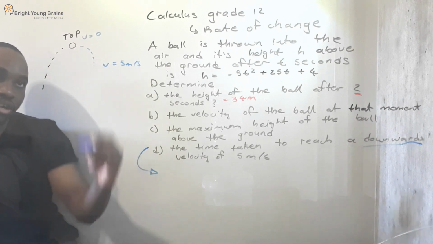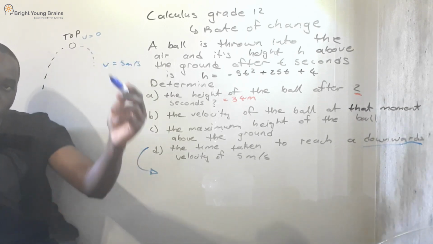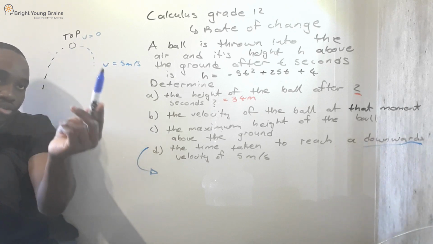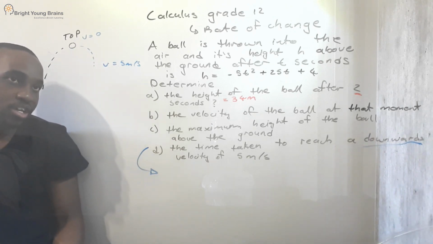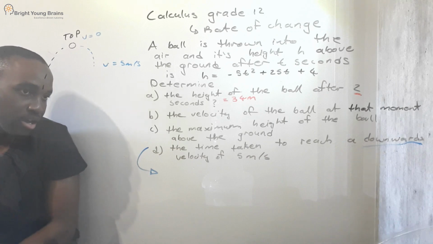They want us to work out the time that would have passed from being at the top to being at a position where its velocity is 5 meters per second.